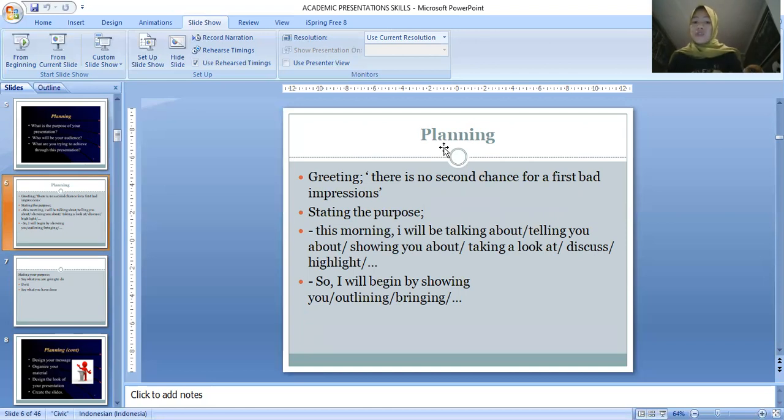And then the next thing to do is stating the purpose. These are examples of phrases or expressions that you can use in stating the purpose in your presentation. For example, this morning I will be talking about academic presentation skills. Or I will be telling you about, or I will be showing you, or this morning I will be taking a look at.